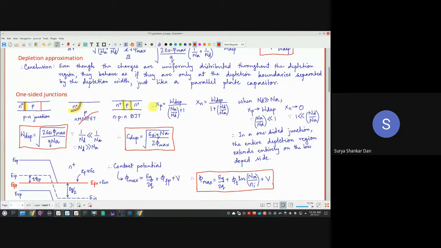Now, in the case of a BJT, it is interesting. If we have the same kind of doping levels as shown here, the depletion should extend up to here, and the entire base region will be depleted because it is very narrow. What does it imply? We will see in our next class that the width of the base in a BJT should be as small as possible, and the doping in the P region should also be as small as possible. Why?